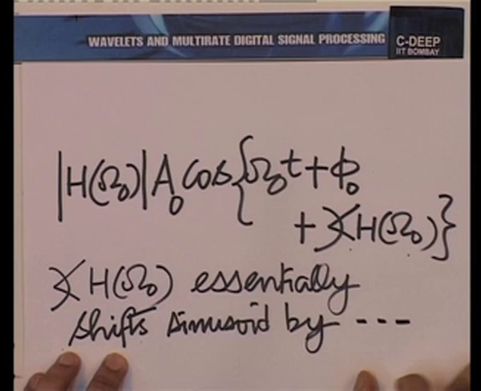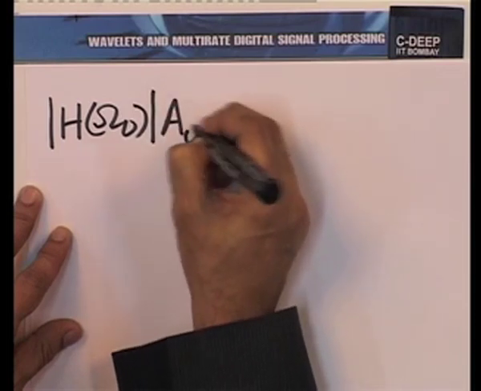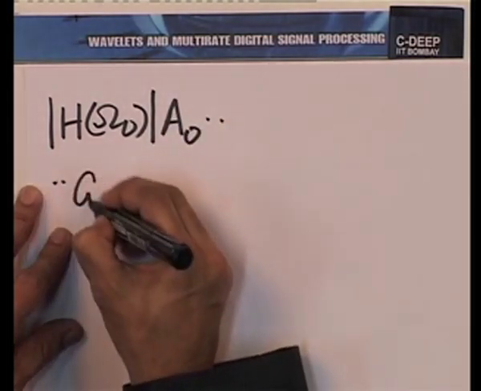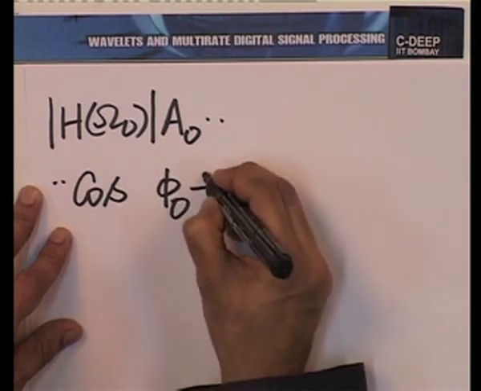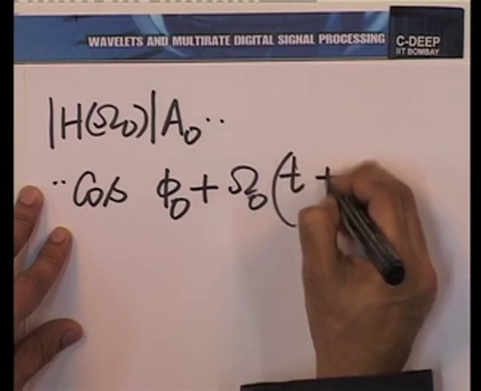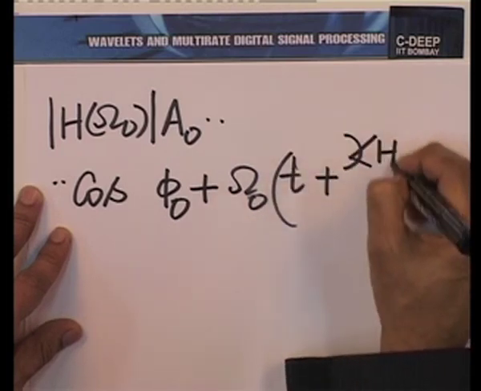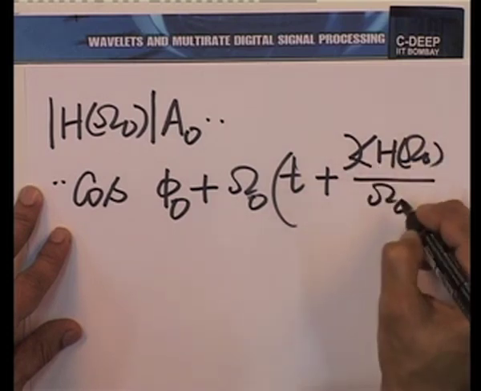So, we will rewrite that expression, we will write it as mod h omega naught times A naught cos, we will keep phi naught as it is, we will take omega naught common, and then we will write t plus the angle of h omega naught divided by omega naught.